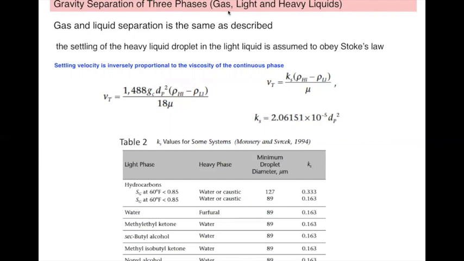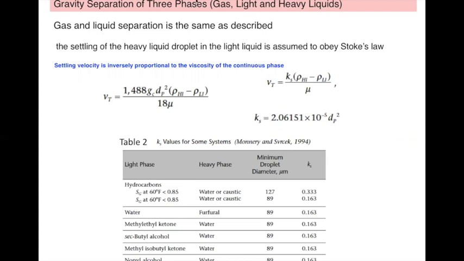So here the gas and liquid will be separated easily, but again liquid has to separate in the separator, right? So this light liquid may be your light hydrocarbons, and heavier liquid may be water, right? So it depends on which liquids are there. Okay, it may be water, it may be some other thing.